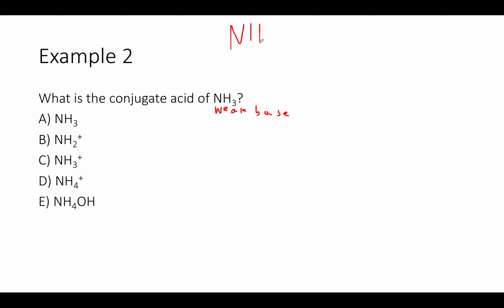You have to include water, and you have to write the equilibrium sign because the reaction can shift back and forth. So when you dissociate the weak base, what you end up getting is ammonium, which accepts the proton, and you get the hydroxide ion.